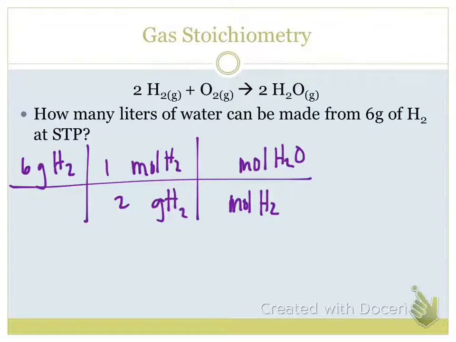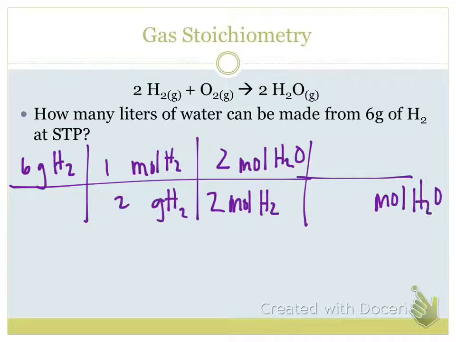Okay, the mole ratio here happens to be 2 to 2. You want to go from moles of H2O to liters of H2O. Here comes my conversion factor, so mole gets the 1 here. We know there's 22.4 liters in any mole of gas at STP.